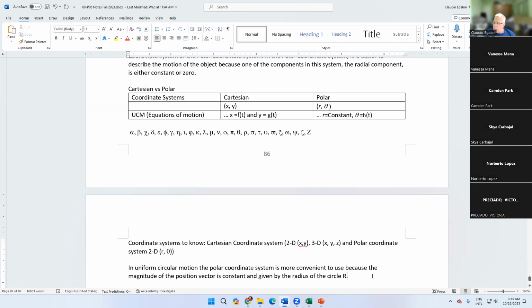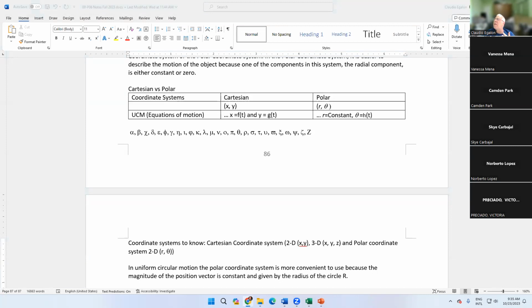But satellite motion is 3D, no? You've got to give me the link for this website. Can you send me the link through the chat? It doesn't make much sense to say that they use the polar coordinate system for GPS because the satellites are in three-dimensional space.